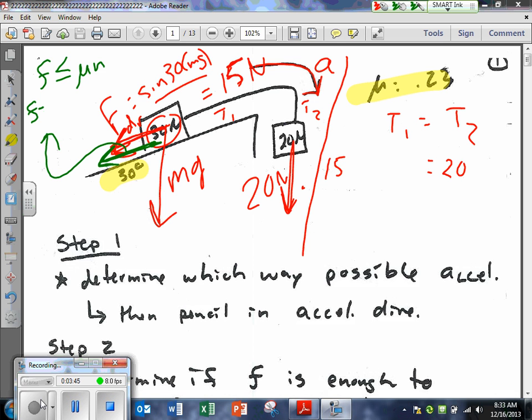Okay, so in this case, if it was equal to, the coefficient here is 0.23, right? So I'm going to put that in, 0.23. And then the normal is cosine 30 times 30.